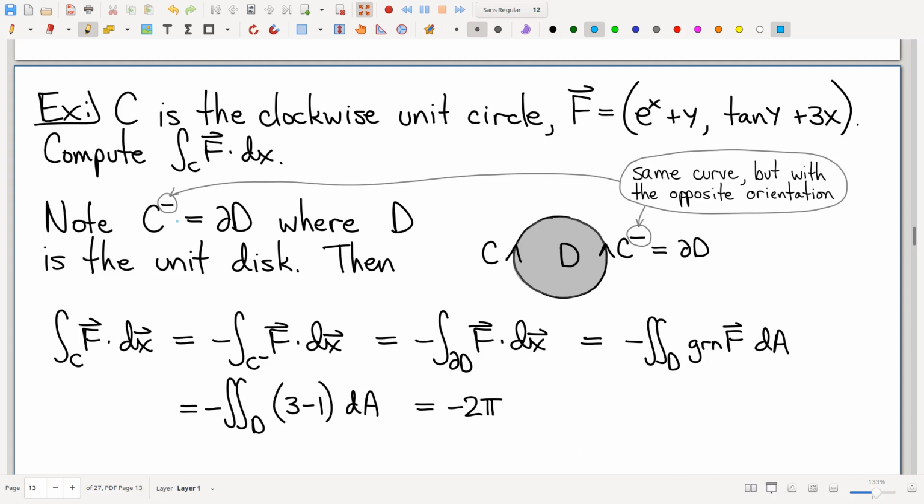By the way, it's going to get weird because when you parameterize the circle, with sines and cosines, I'm going to have e to the power of cosine, which is nasty. And then I'm going to have tangent of sine of t. That's weird. So this is going to be a very difficult plug and chug. I don't even know how doable that is.